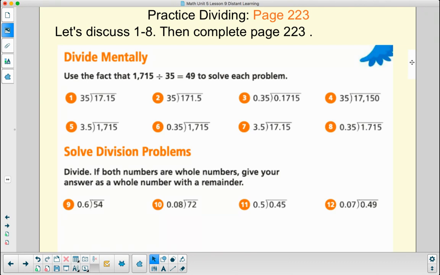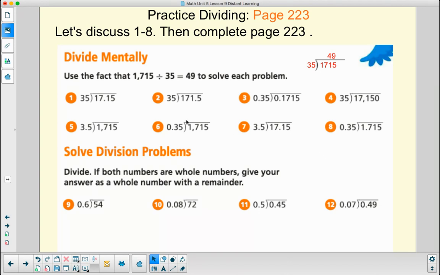So I'm going to think about that in this manner. 1,715 divided by 35 is 49. So now take a look at these problems and see if you see a pattern. See if you can figure out how to divide each of them mentally.